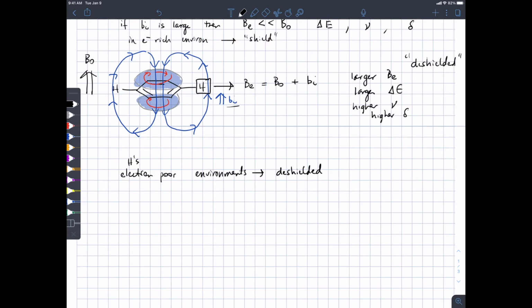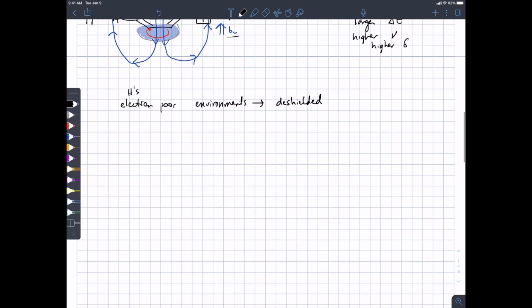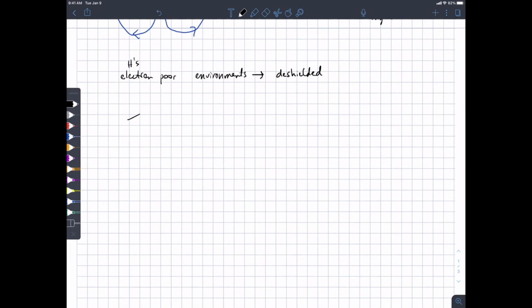Yeah? Can you create electron-poor environments with more electronegative atoms? Yeah, good question. Can you create electron-poor environments by proximity to electronegative elements? Absolutely. So a hydrogen on a methyl group will generally have a chemical shift that is near 1 ppm.